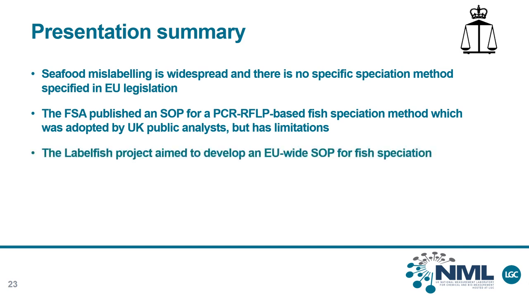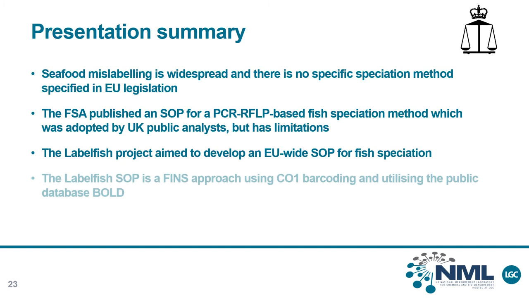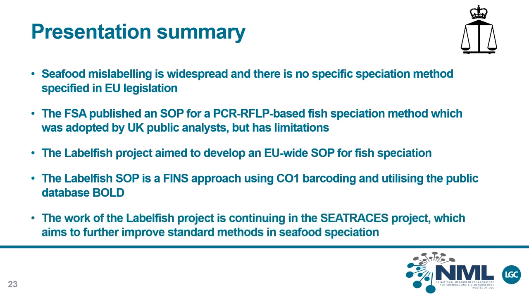The Labelfish project aimed to develop an EU-wide SOP for fish speciation. The SOP developed as part of the Labelfish project is a highly specific FINS approach, which utilises CO1 barcoding and the public database BOLD. The work of the Labelfish project is continuing as part of the Sea Traces project, which aims to further improve standard methods in seafood speciation.